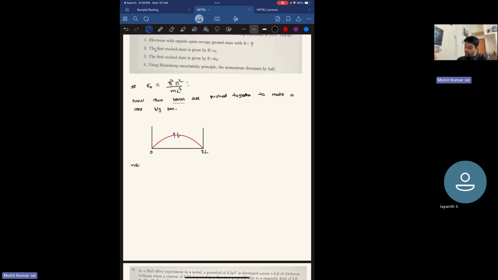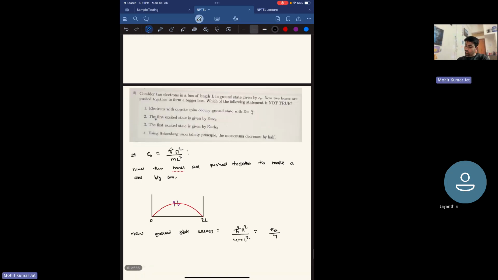So the new ground state energy will be h bar square pi square by 4 m L square, that will be E naught by 4. So the electrons with opposite spin occupy the ground state with E equal to E naught by 4.